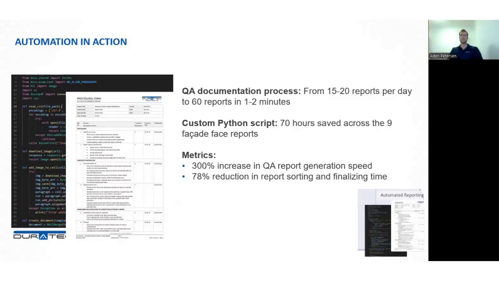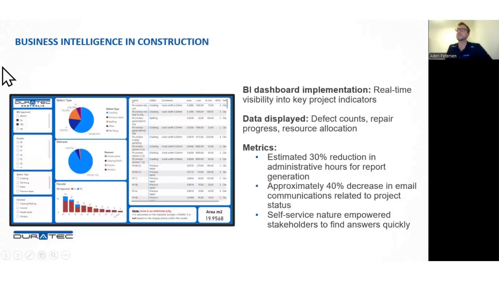While automation dramatically improved our reporting efficiency, we needed a way to visualize and also track progress. And this led us to partially implement business intelligence. During the early stage of the Carillion project, we implemented business intelligence dashboards that provided real-time visibility into our progress.